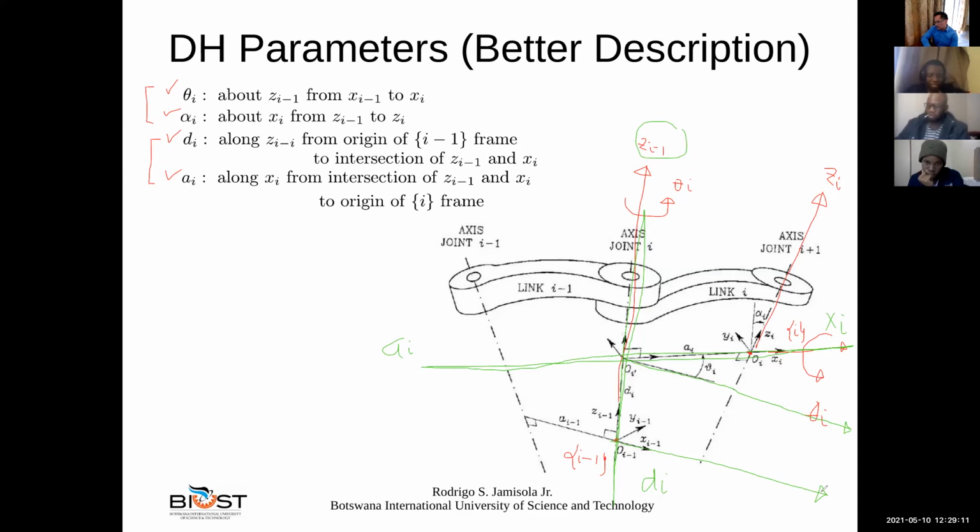So this is parallel to xi minus 1. So for us to easily see where theta i is, from here to there, it rotates from here to there. This is the value of your theta i.